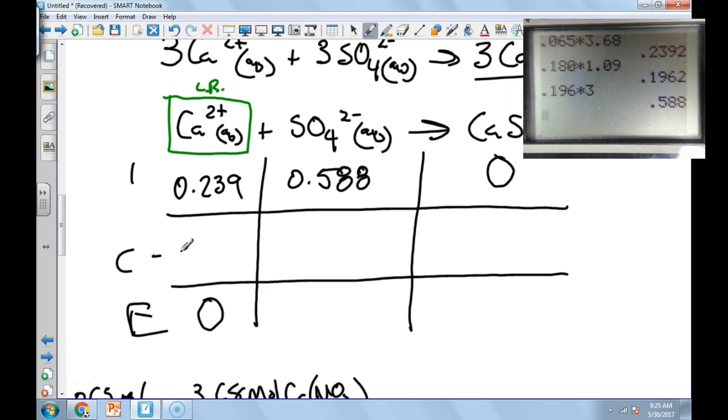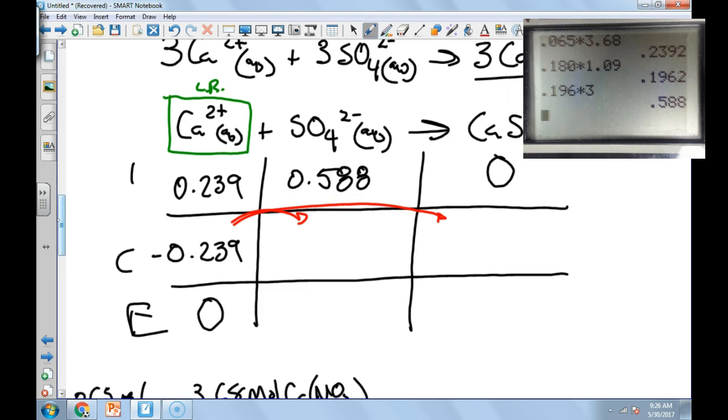So saying that, we go minus 0.239. This is really awesome because as soon as we get this first box, we can go from here to here and from here to here so that we can figure out how much of everything is left over.